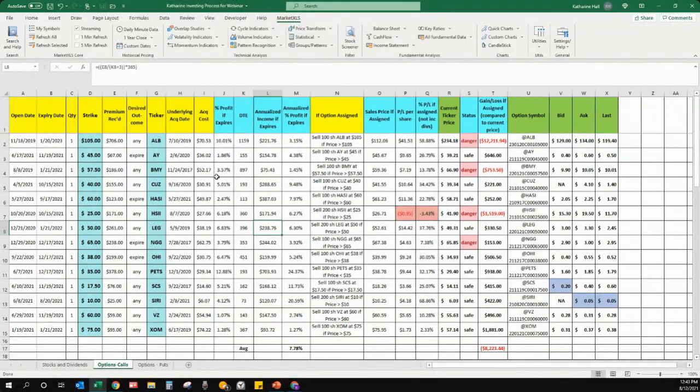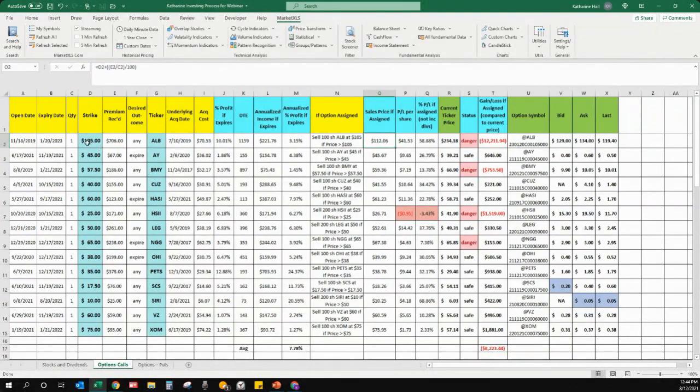Right. And Tom says, how do you decide the underlying stock is losing you more than the option premiums you are receiving? Well, that's kind of what this danger is over here, because this gain or loss that's being calculated is using the sales price if assigned, which is basically my strike price plus the premium that I've received.